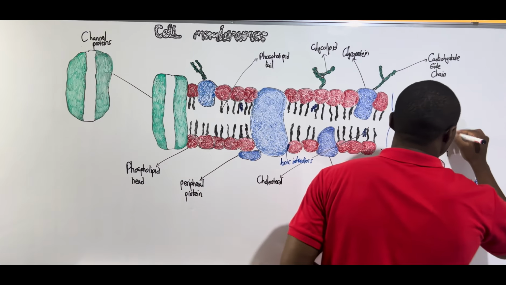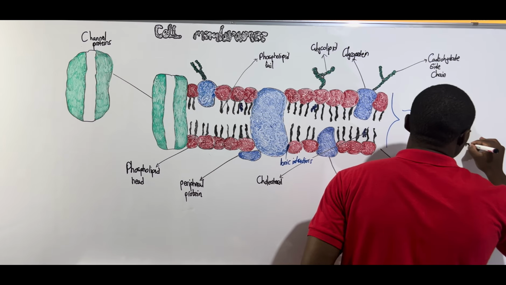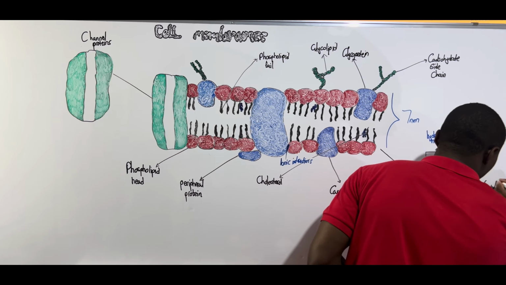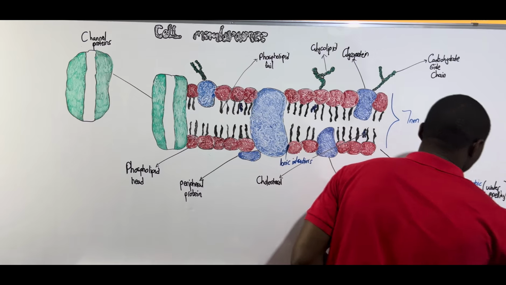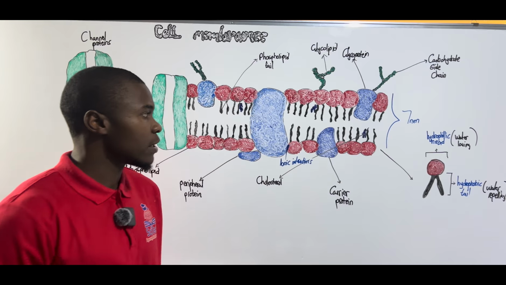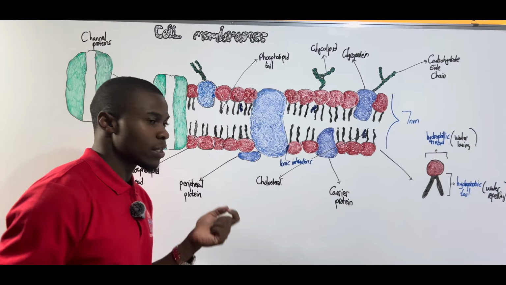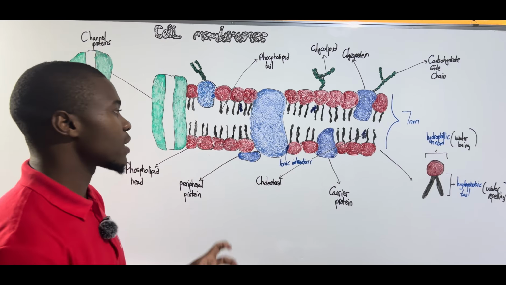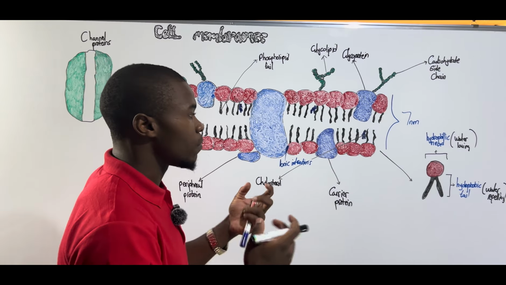Let me label here: water loving, and we also have water repelling. Since the hydrophobic tail is water repelling, it does not attract ionic molecules. As a result, it forms hydrophobic interaction.